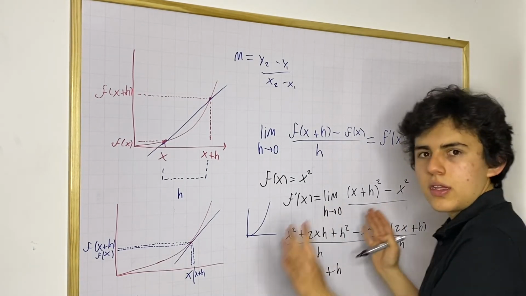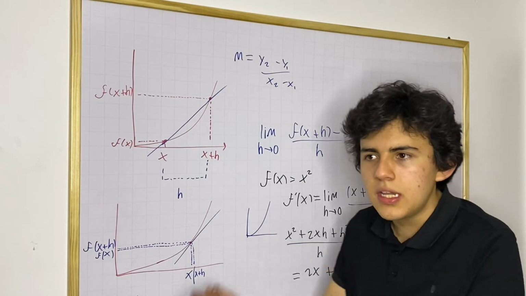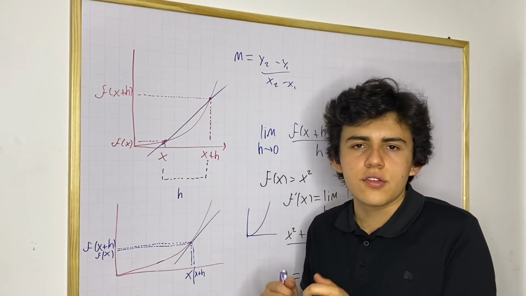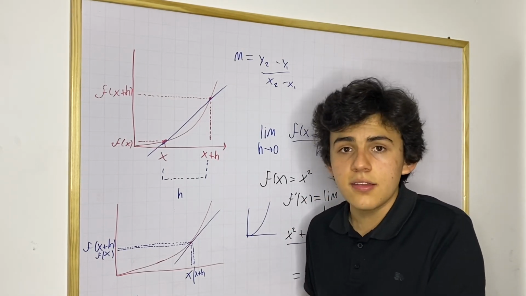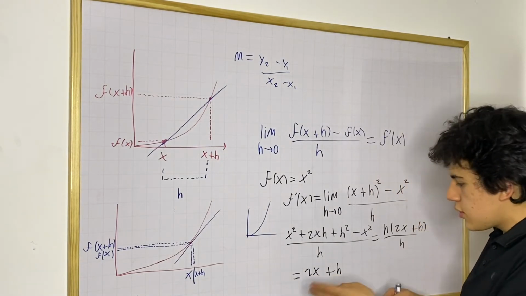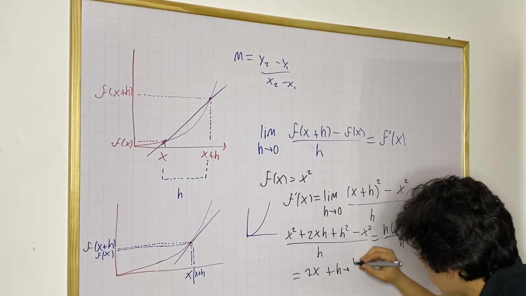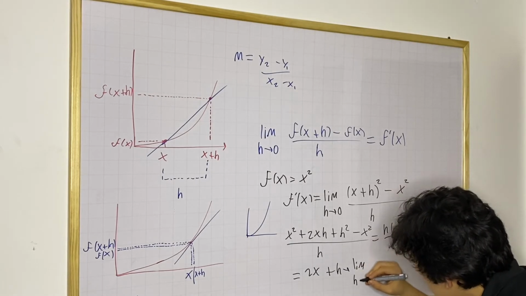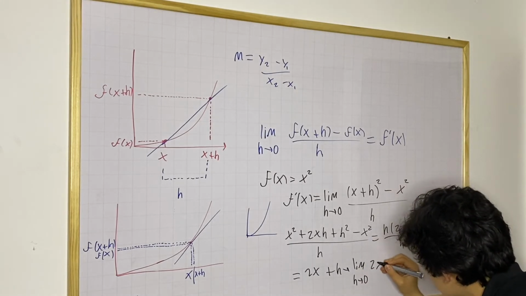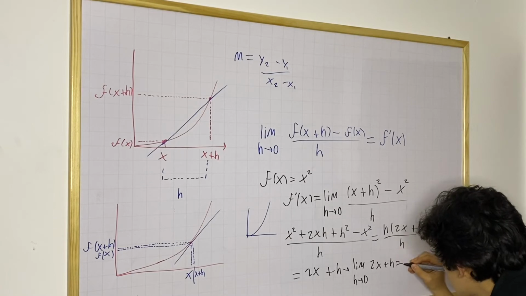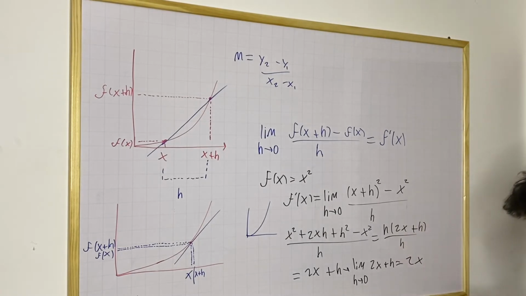Now we just simply have a limit, okay? As if you were doing limits the first day that you started your calculus class, you're just simply going to substitute h equals 0 in this expression. This is just going to be equal to 2x, okay?